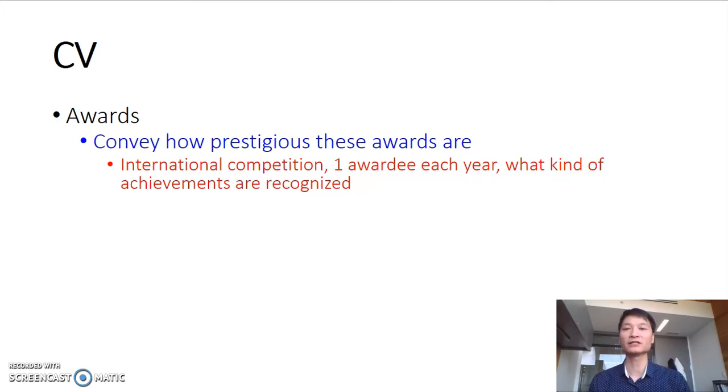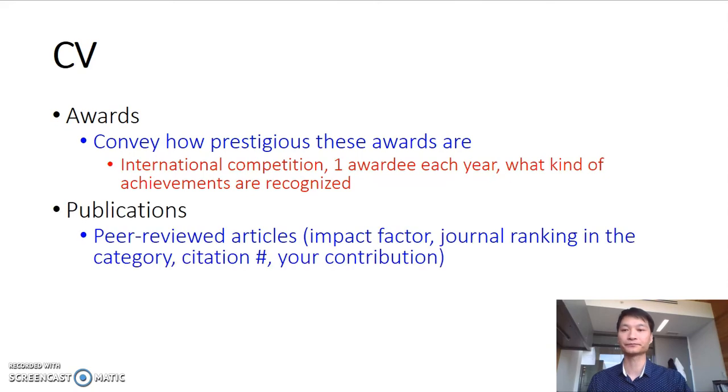And what kind of achievements are they recognized for? So these are important information you want to include just to highlight the importance of these awards and how competitive you are.